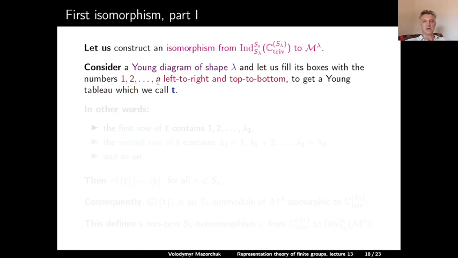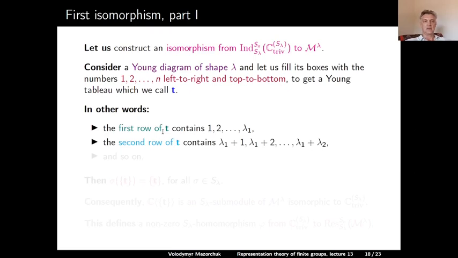So let us denote the Young tableau which we obtain in this way by t. So in other words, the first row of t is 1, 2, 3, and so on, lambda 1. The second row of t is lambda 1 plus 1, lambda 1 plus 2, and so on, lambda 1 plus lambda 2, and so on.